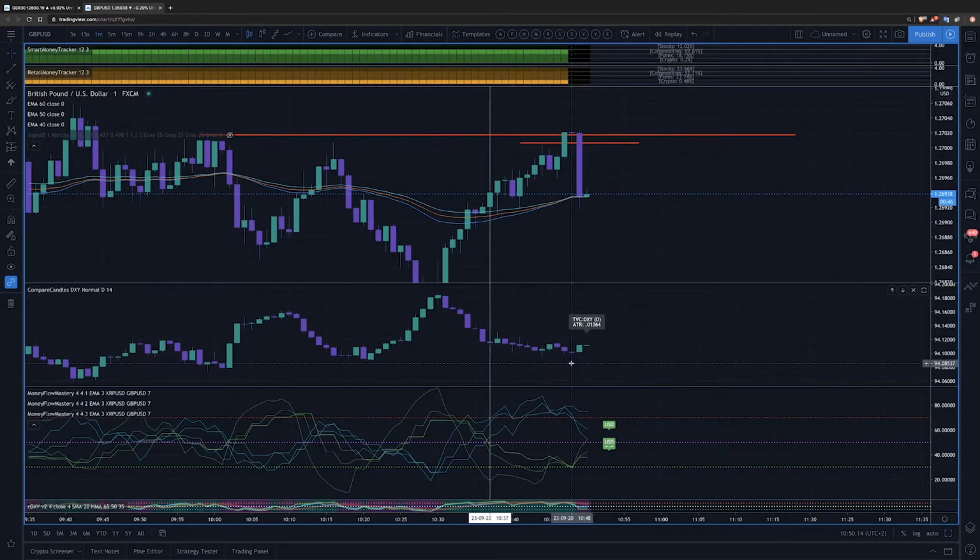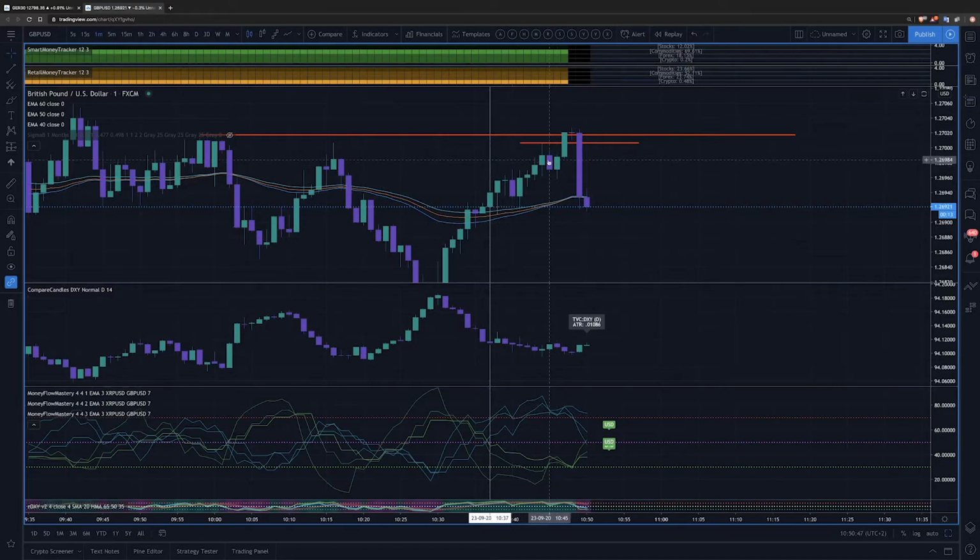Dixie looks like she's found support there. Good divergence on the Dixie. Also, you have to bear in mind we had significant divergence there on the pound as well. Yeah, that's really cool.